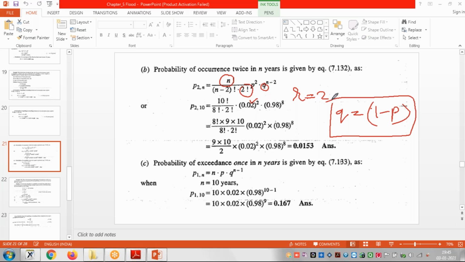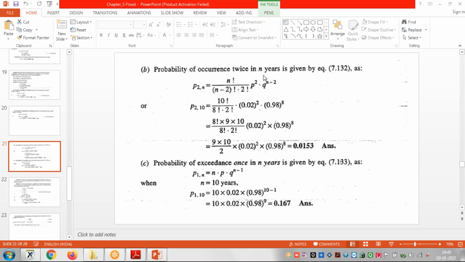Through this formula we will get the value of q, and when we put this value here we will get the occurrence of that flood in 10 years, but two times.